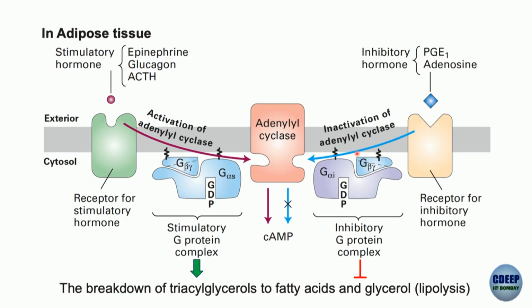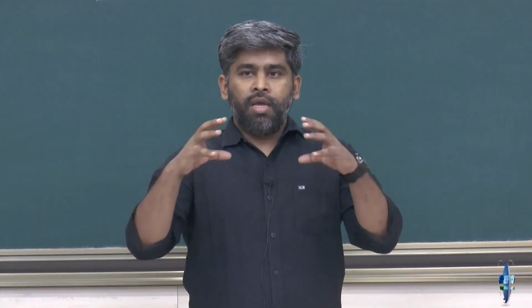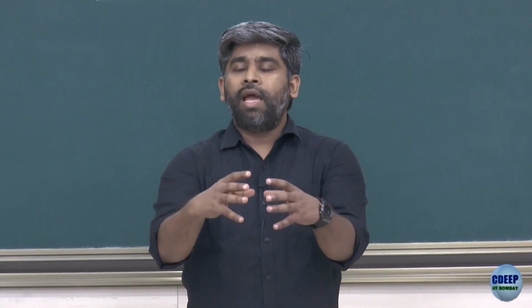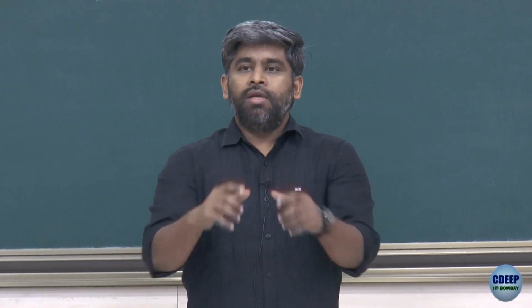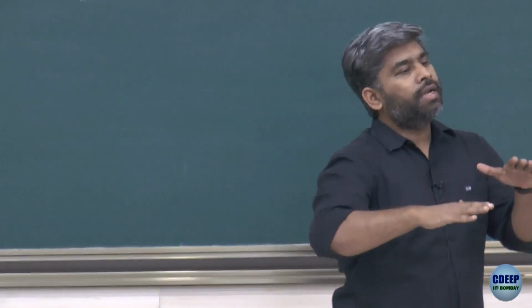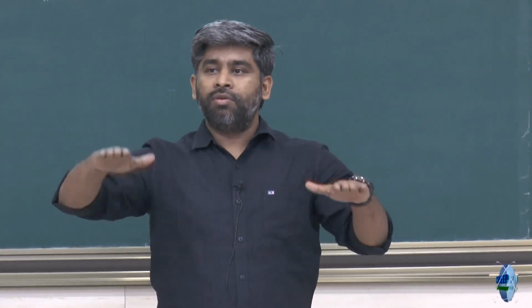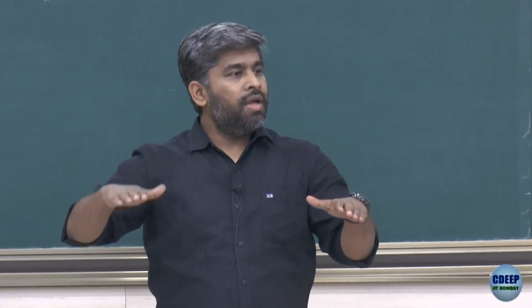So in one place, two different hormones and two different receptors act through G alpha S, giving the same response. You can take it as a homeostatic balance, right? One pathway is activating something, another pathway is trying to suppress it, so that you maintain the balance of lipolysis.